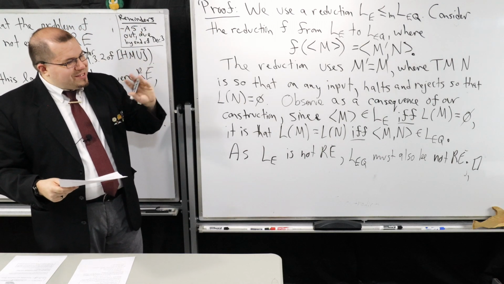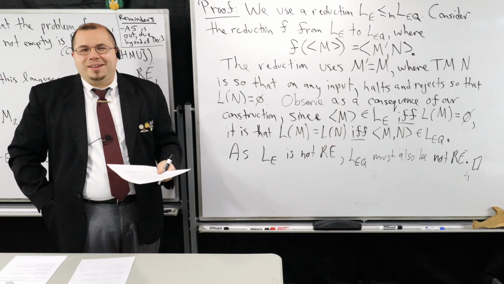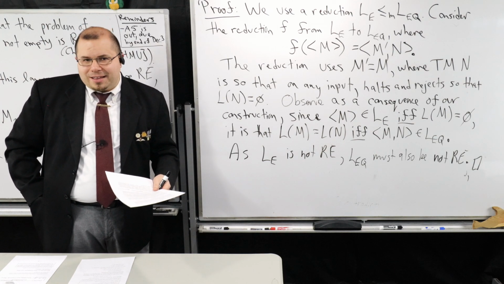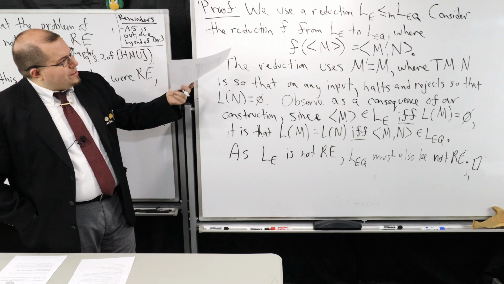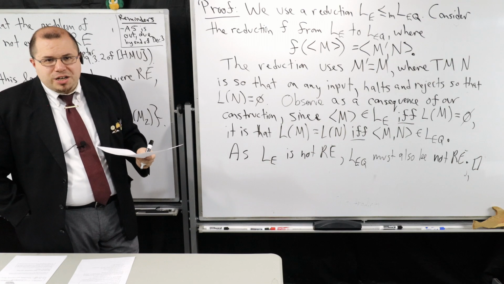So I want to spend the last few minutes here talking about a couple of other interesting results I want you to be aware of, and just the fact that every time I've done this, I've always had one reduction. But implicitly, there's actually a chain of reductions in play.